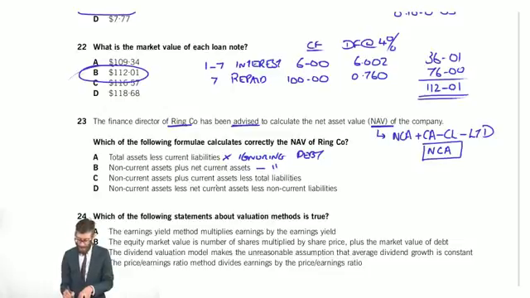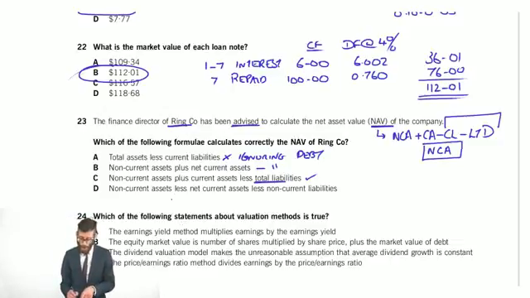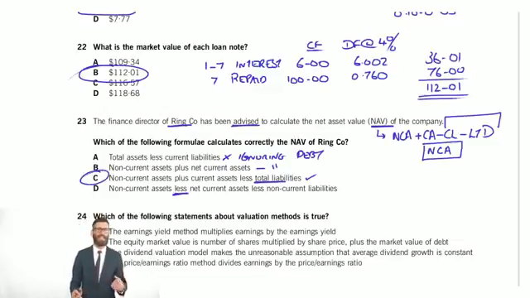Non-current assets plus current assets less total liabilities, that could be the right answer because there is total liabilities. But don't answer that yet. Let's just double check. Non-current assets less, no, it's not less net current assets. So guys, our correct answer is C.